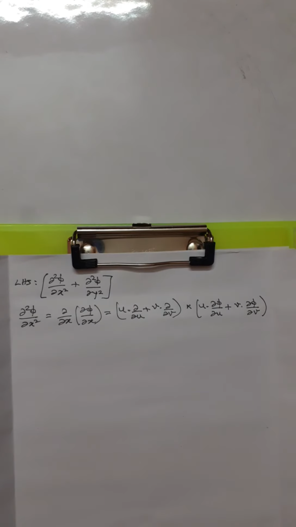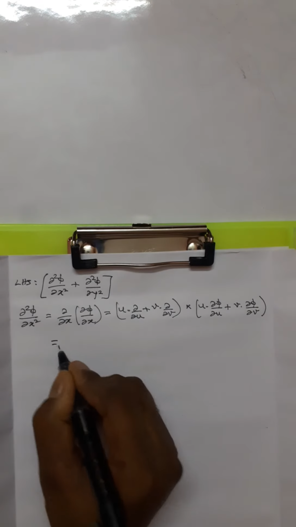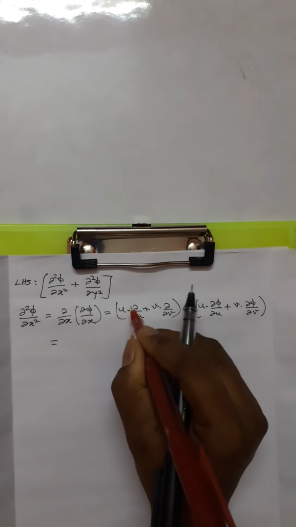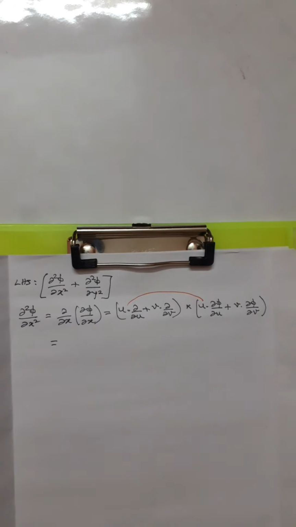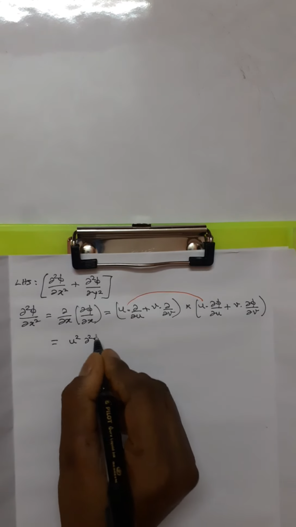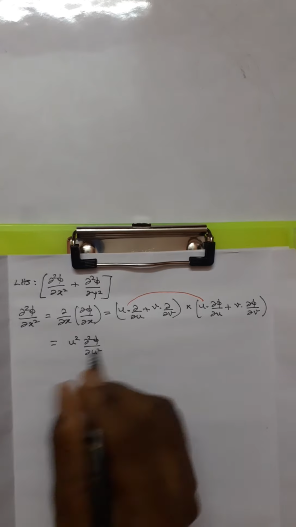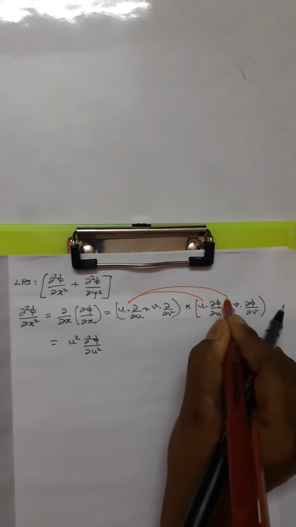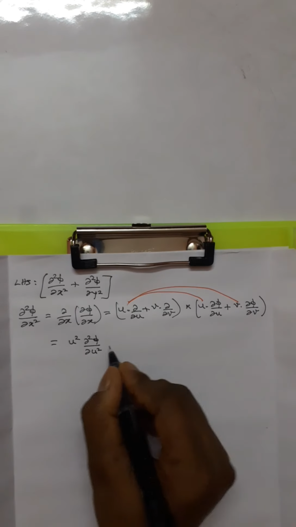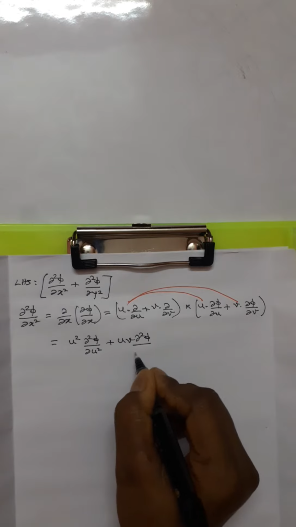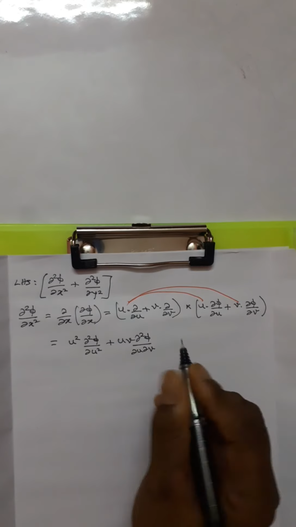Right? Now just multiplying it, which is equal to, first this into this, u square dou square phi by dou u square. Second, this along with this, plus uv dou square phi by dou u dou v.